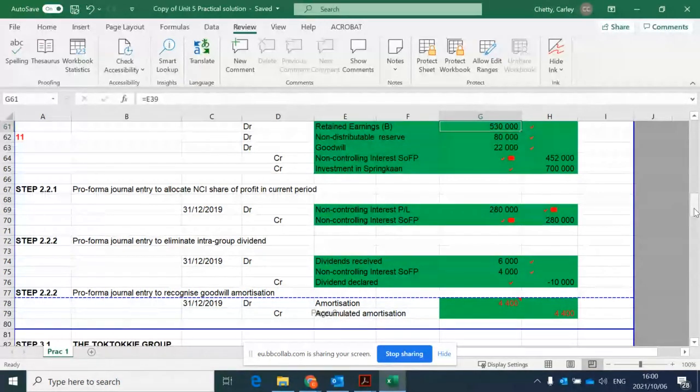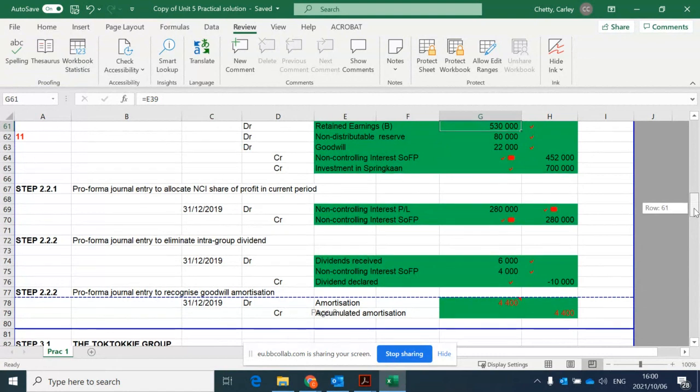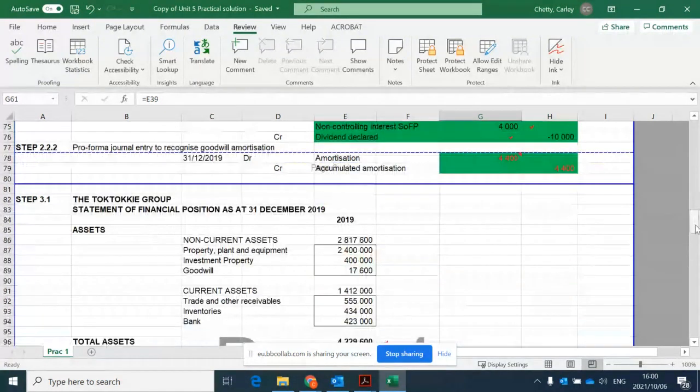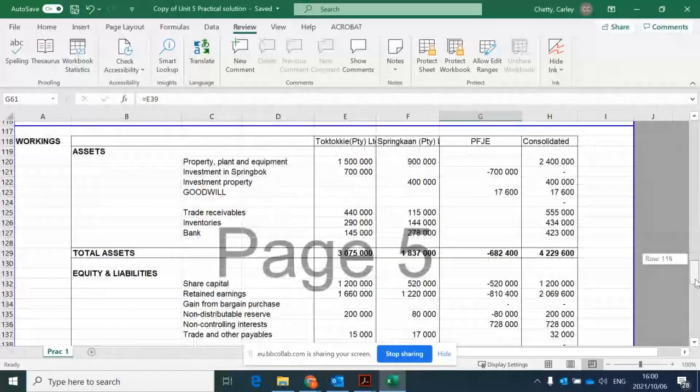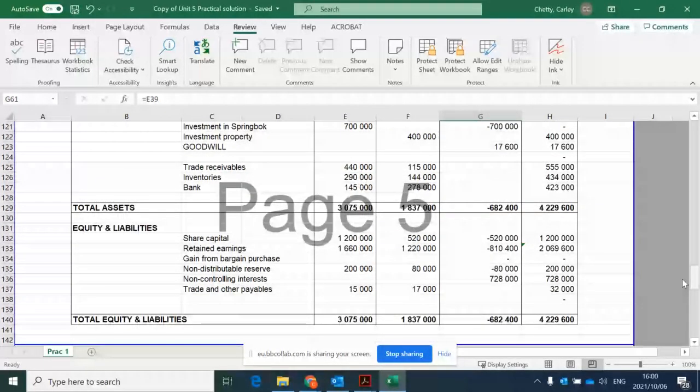So if you add up those three amounts, being the 530,000 pre-acquisition retained earnings and the 276,000 retained earnings or profit, which is attributable to NCI, and the 4,400 amortization amount, that forms the pro forma journal entries total for retained earnings.